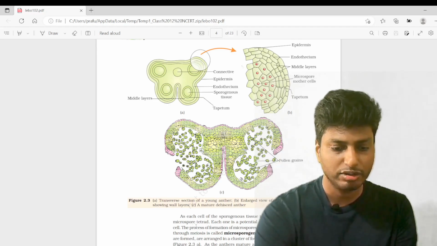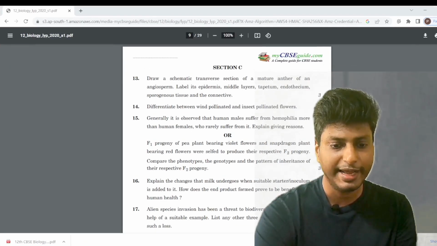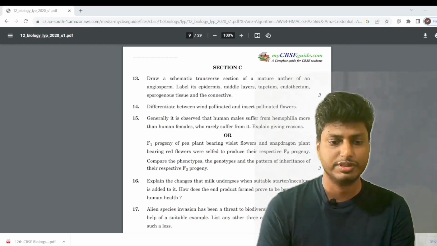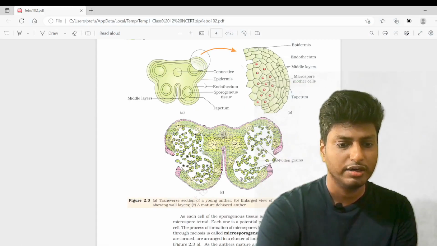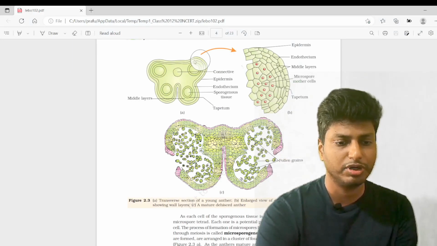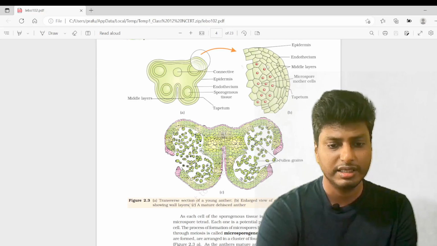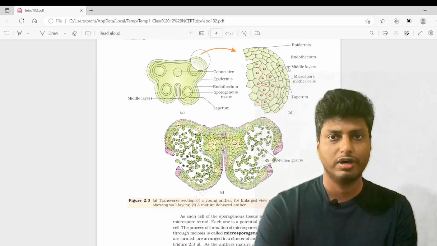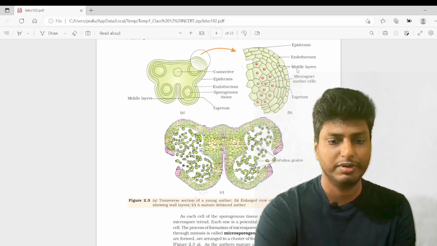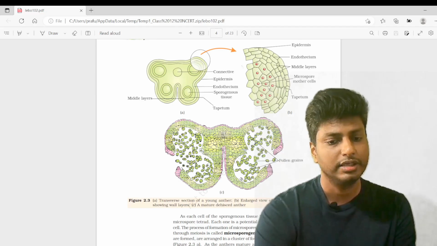Going back to the question, I hope it is clear in your mind now. Whenever such a question comes, draw a schematic transverse section, you have to draw this diagram. You can roughly draw this diagram, but the part showing the 4 layers of the anther is very, very important. You have to show the 4 layers: the epidermis, endothecium, middle layers and the tapetum.